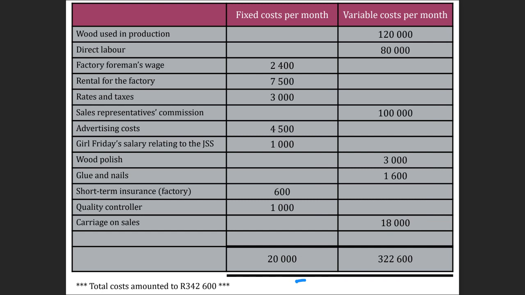So your total cost is the fixed cost total plus the variable cost total. Let's just put in the T so you know it's a total fixed cost plus a total variable cost to give you your total cost. So here we would add up the 20,000 and the 322,600, and that gives you a total cost of 342,600.